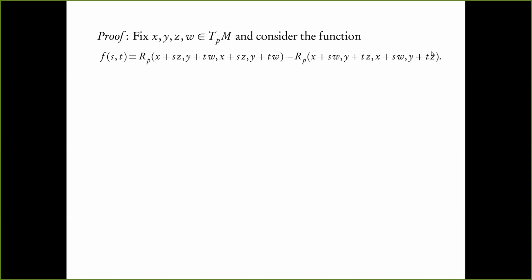The second term here is also, up to a scaling, the sectional curvature. It is R(x plus sw, y plus tz, x plus sw, y plus tz). So this quantity, up to the relevant scaling, is determined by the sectional curvature, right? So if I know the sectional curvatures, I can multiply by the area of the parallelogram, and then I can combine it in this form. So f of s comma t is a function entirely determined by the sectional curvatures, which we're assuming we know.